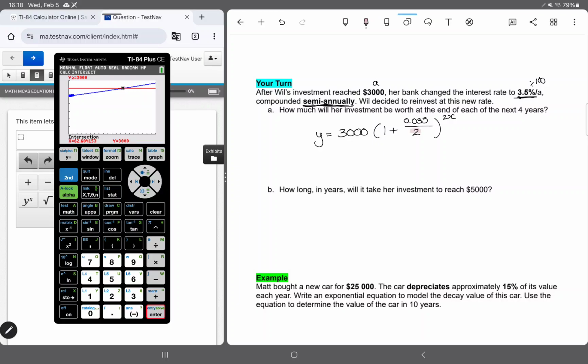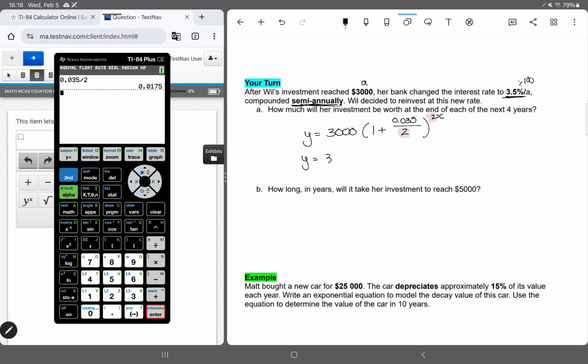Again, always whatever you divide by here needs to be multiplied up here. We can simplify this if we want to. So 3,000 times 1.0175 to the power of 2x.